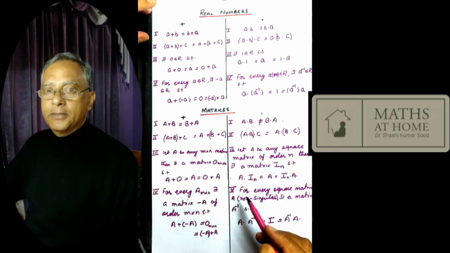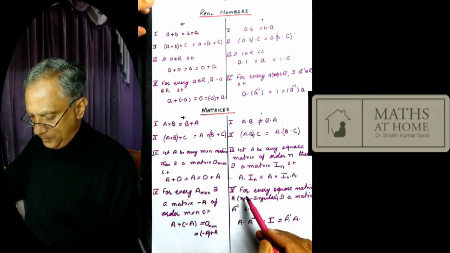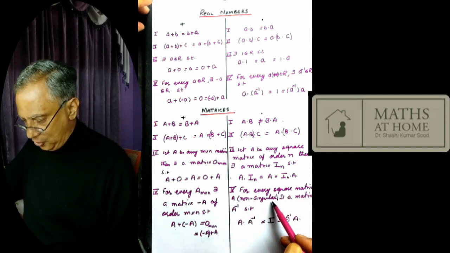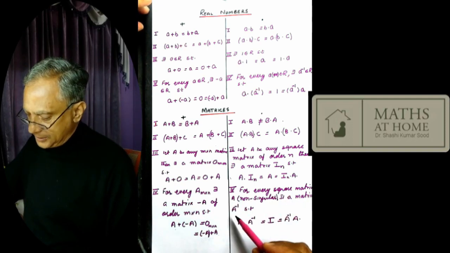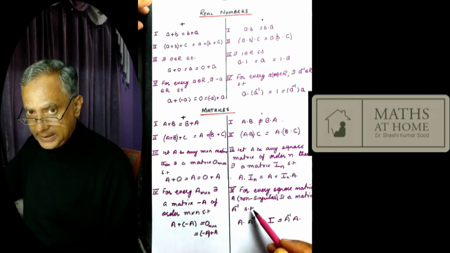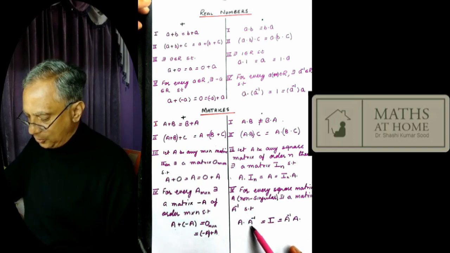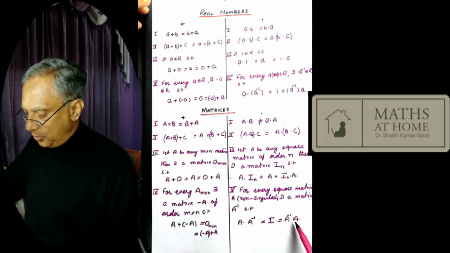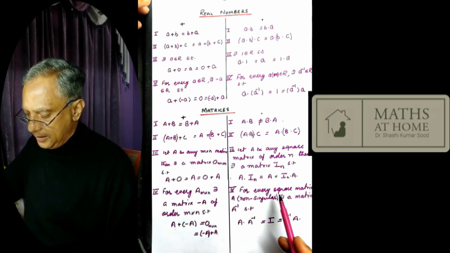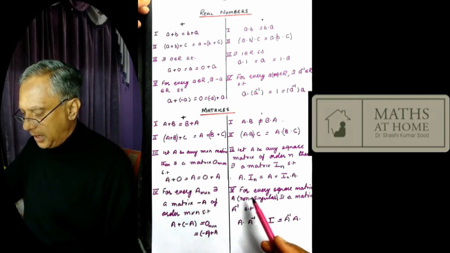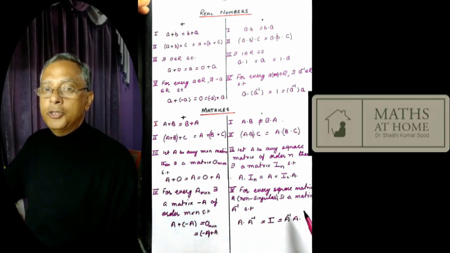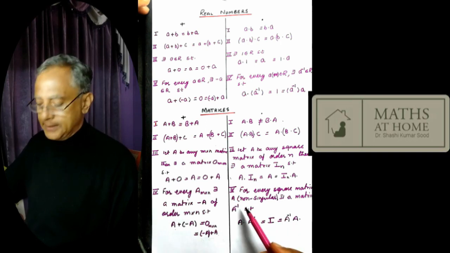Now for matrix multiplication, for every non-singular square matrix A, there exists a matrix A inverse such that A into A inverse is equal to I, is equal to A inverse A. Here also the inverse exists only for non-singular square matrices.